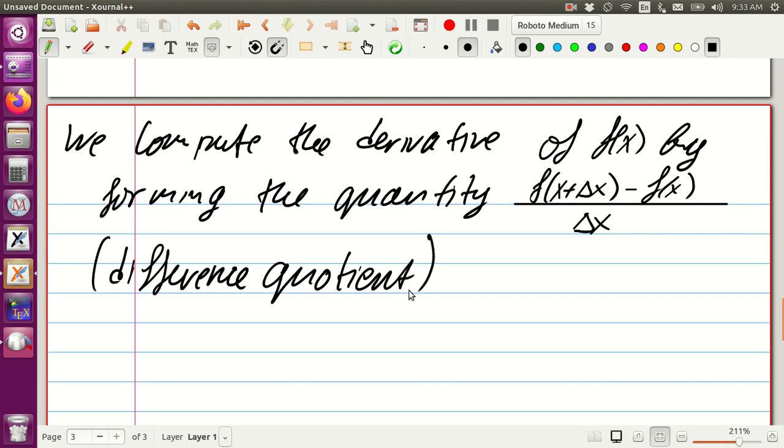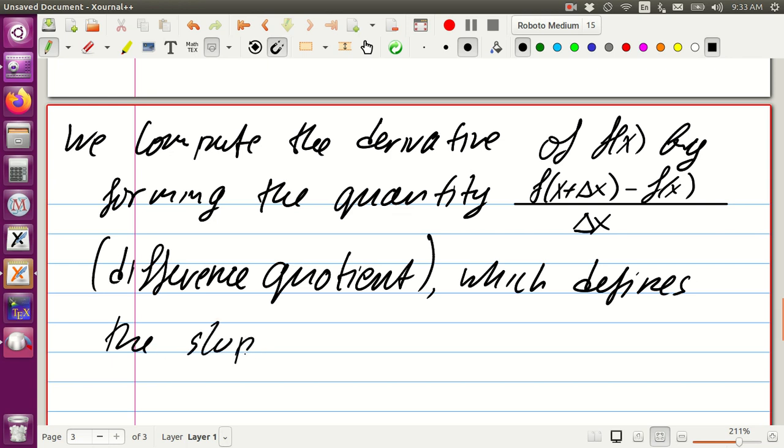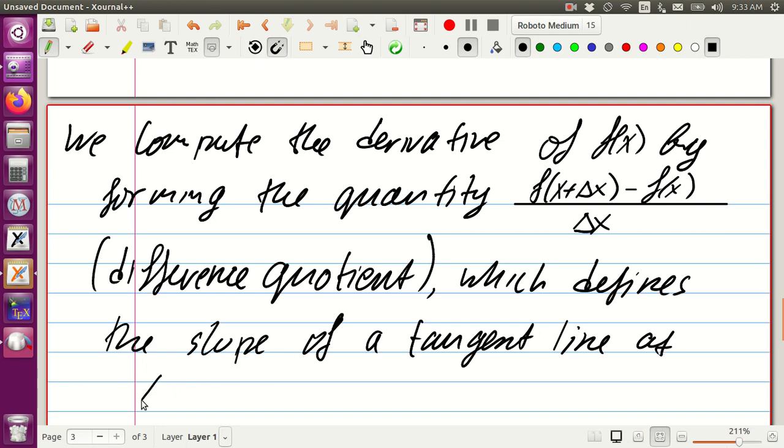So we form the difference quotient, which defines the slope of a tangent line at x comma y.